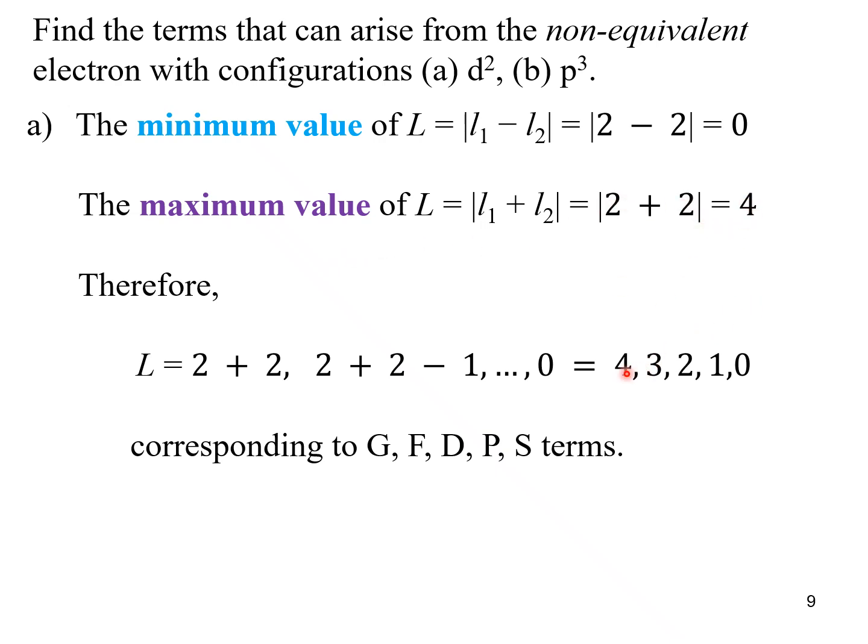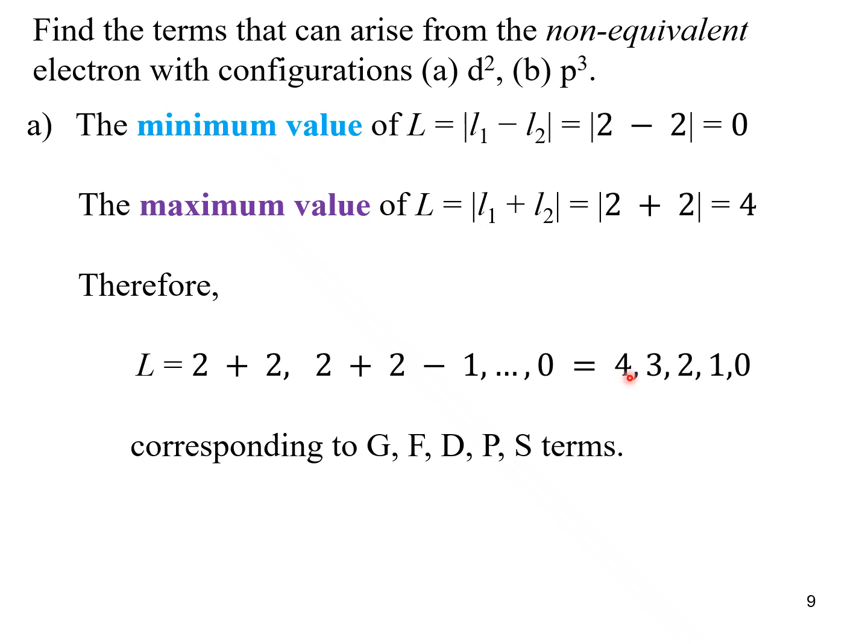In between 4 and 0, we have to fill in the range: we subtract 1 from 4, we get 3. 3 minus 1, we get 2. 2 minus 1, we get 1. 1 minus 1, we come to the minimum value. Therefore, for these configurations, 2 electrons in the d orbital will contribute to 5 different terms.